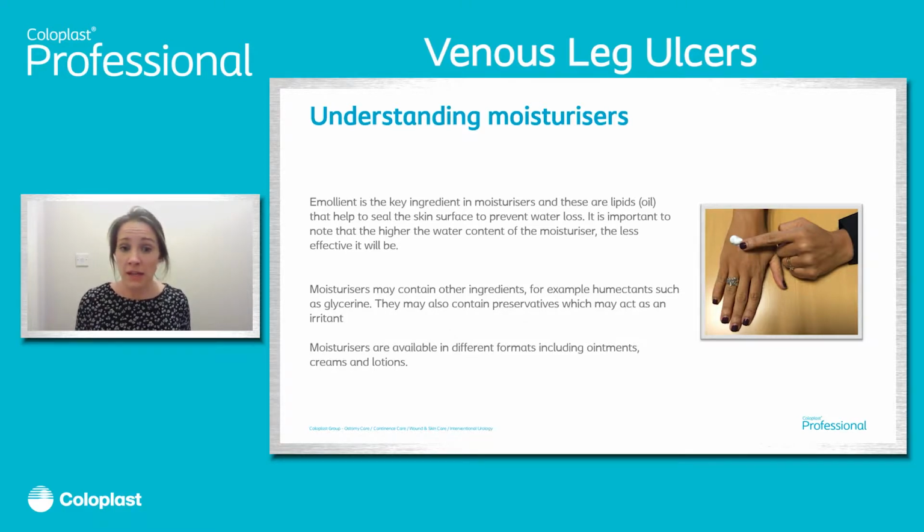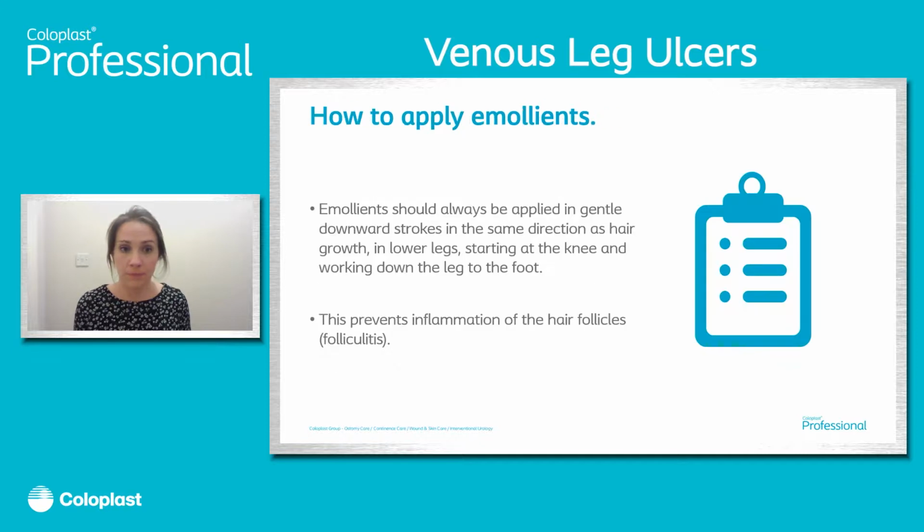Sometimes if they contain preservatives, that can act as an irritant. So we just need to be aware of that when we're looking at which moisturisers somebody is using. They come in a whole range of different preparations, so ointments, creams and lotions, and all of them work in slightly different ways to help support our patients. So you need to be selecting something that's appropriate for that individual that you're assessing.